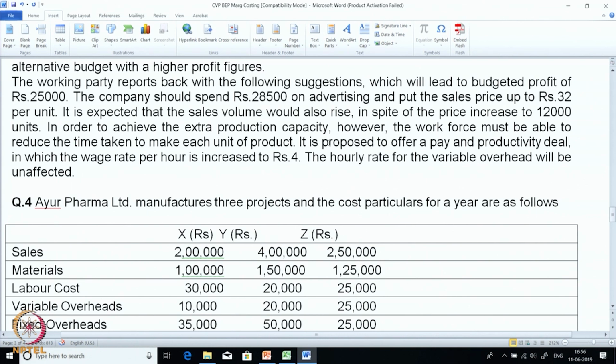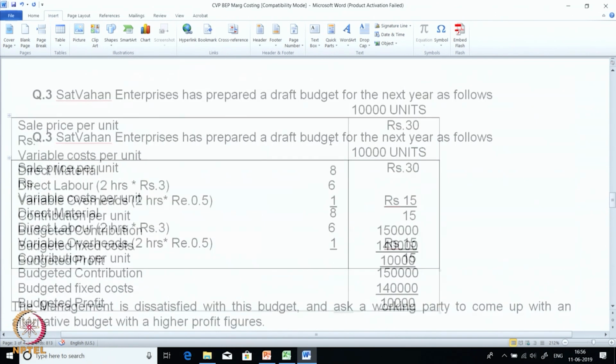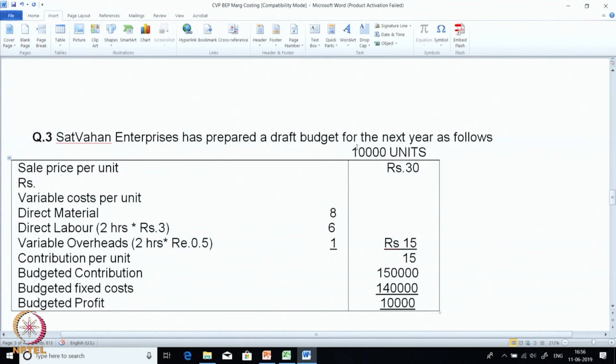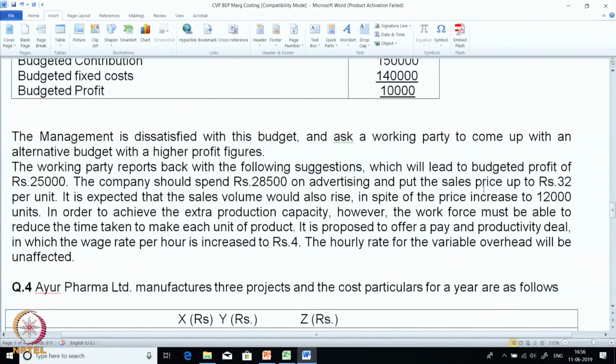Now, they have to increase their production. They only have a capacity of 10, and they have to increase it to 12. In order to achieve extra production, the workforce, that is existing employees, have to reduce the time taken for each unit of the product, and it is proposed to offer a pay and productivity deal so that the wage rate is increased to 4.